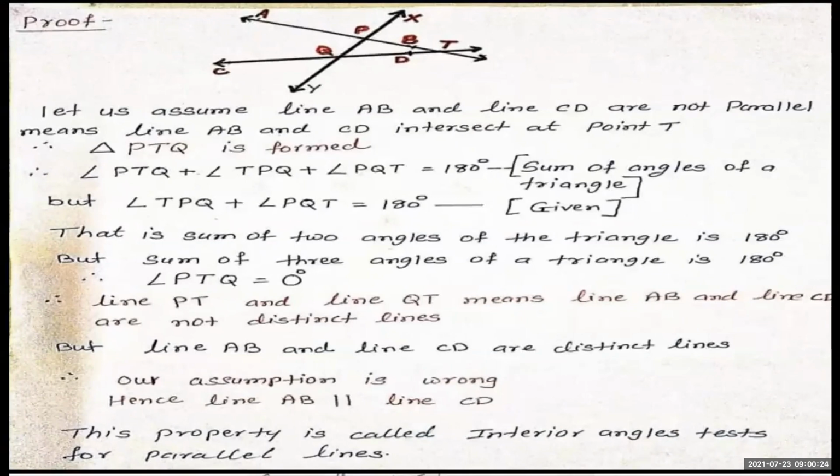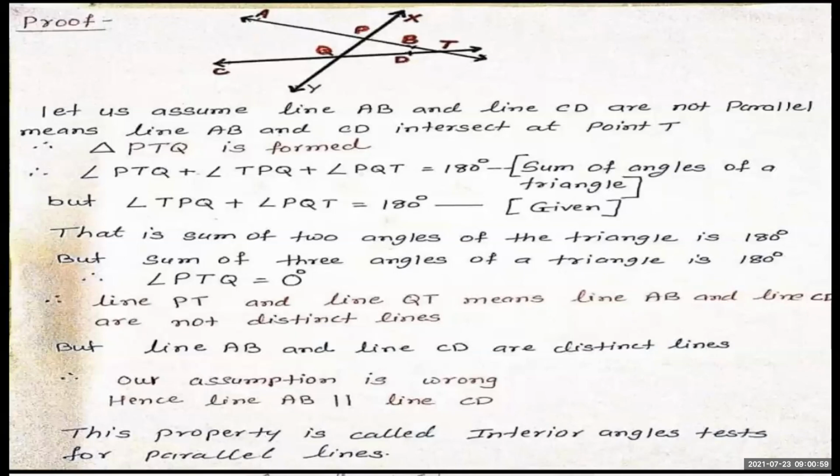But that is not right, because in the given, they already said that the lines are distinct lines, meaning those are two separate lines. So there will be an angle formed. Therefore, line AB and line CD are distinct lines. So what we assumed, that those lines are not parallel, that assumption is wrong.